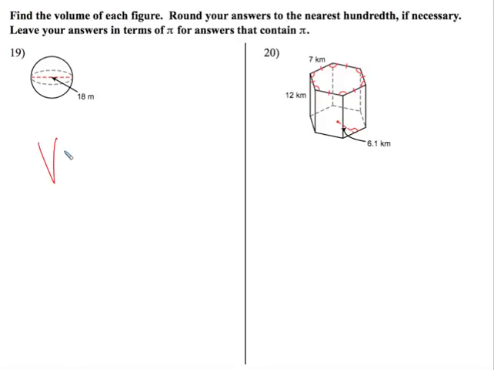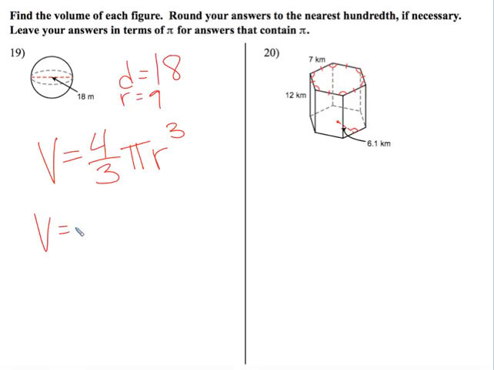Well, let's see. Volume. I believe this one is 4/3 pi r cubed. A lot of people forget that cubed. But we're given the diameter here is 18, which makes the radius half of that. The radius would be 9.